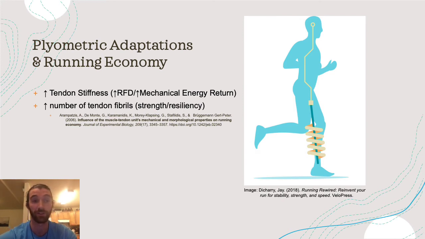We're going to get an increase in the number of tendon collagen fibrils, and this is going to increase its load capacity and resiliency, as well as the coordination benefits we're going to get from practicing these motor patterns, which is going to develop into a higher rate of force development and, most importantly, the lower ground contact time that we're looking for when we're trying to put forces into the ground quickly and receive that spring-like pattern from the mechanical structures of these tendons.